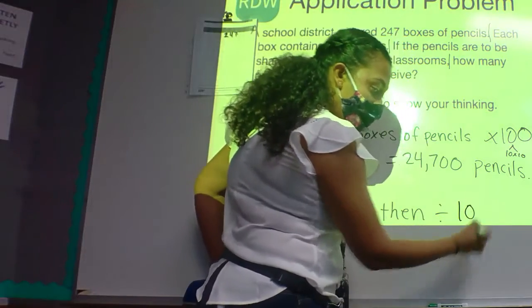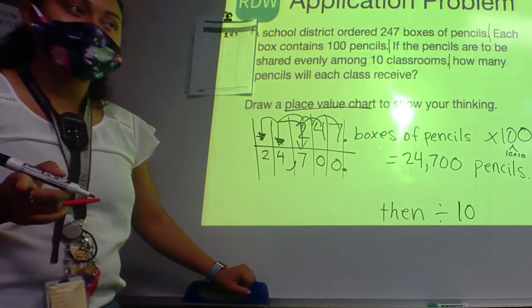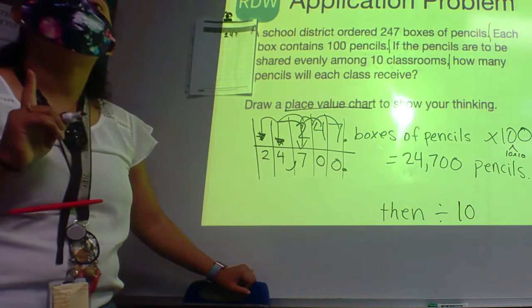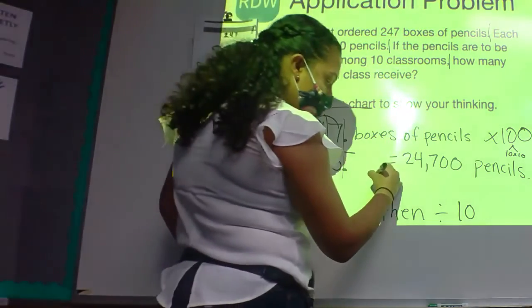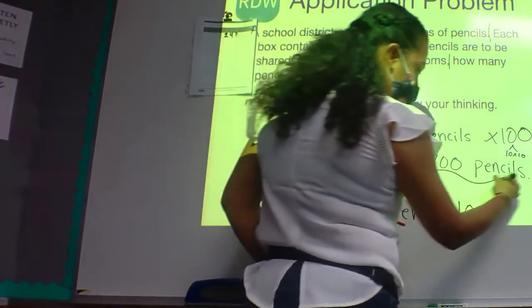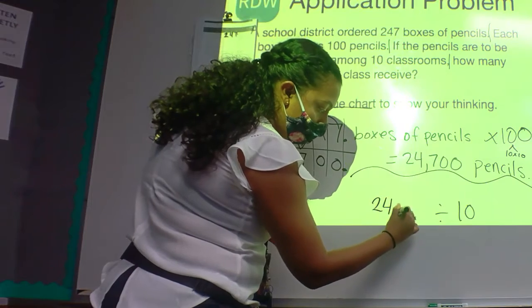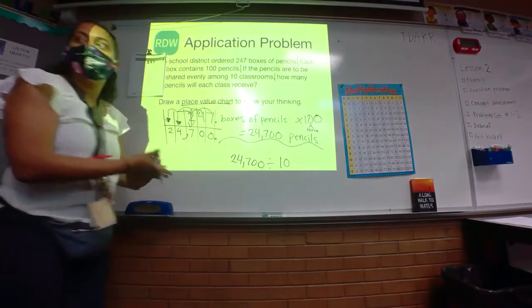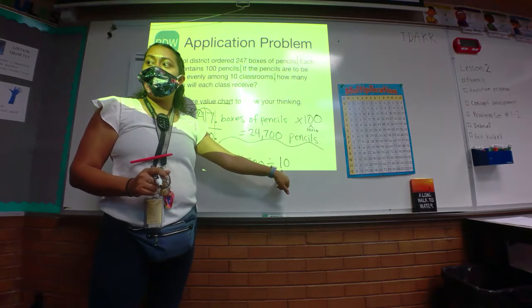So then divide by 10. What do we need to divide by 10? 24,000. Good. Okay, so now our next part. 24,700 divided by 10. Okay, write it down.